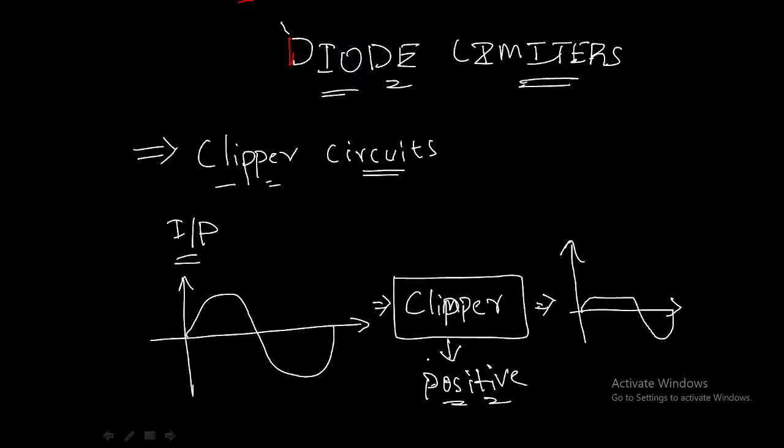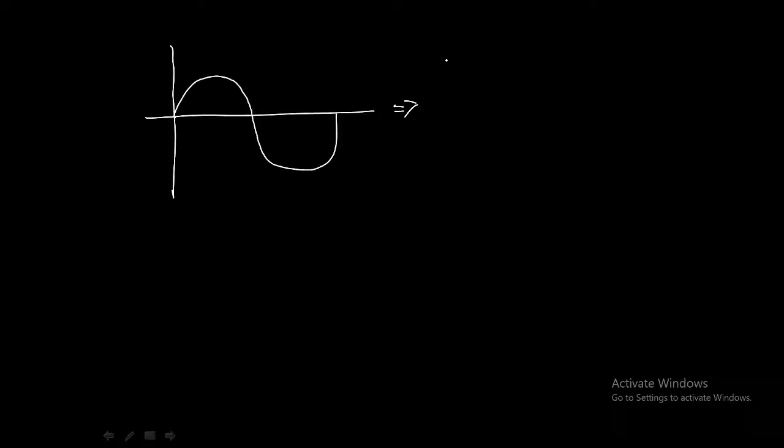A positive clipper will limit or clip the positive part of the input voltage. Now let's see a negative clipper. Let's say this is our input of the negative clipper, and the output of the negative clipper will look like this. The input is unaltered, and the output is clipped off like this.